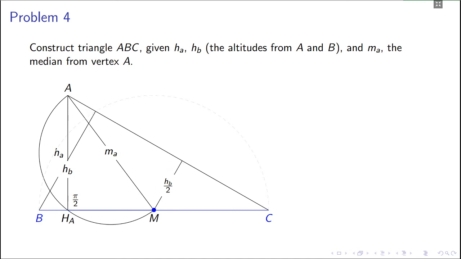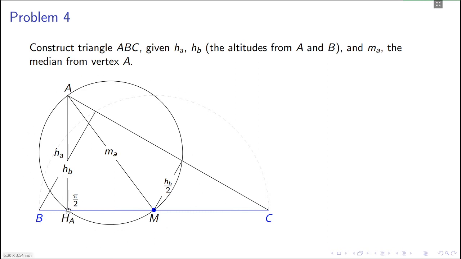And since this is the median, the length of this will be equal to half of the length of this, because this is the midpoint, and this is also 90 degrees. So this point also lies on the same circle which has AM as diameter. So this circle becomes important.